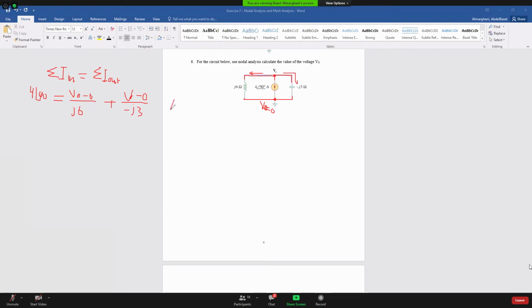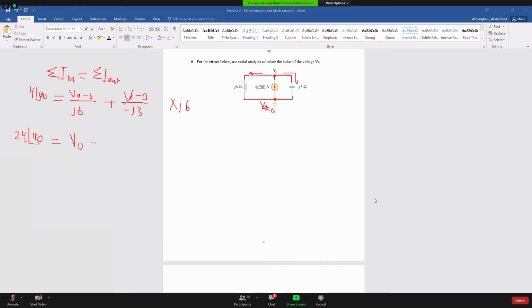Now I can multiply by J6. So when we multiply by J6, 24. J is 90 times 90, so it's 180. You can even do it in your calculator. J means 90 degree. So 24 angle 90 plus the 90. And here J6 cancels this, so it's V0.